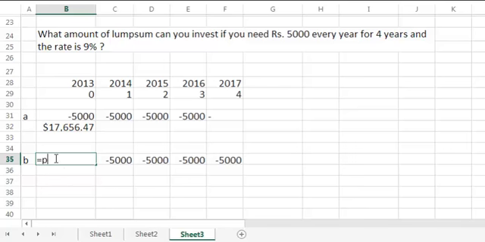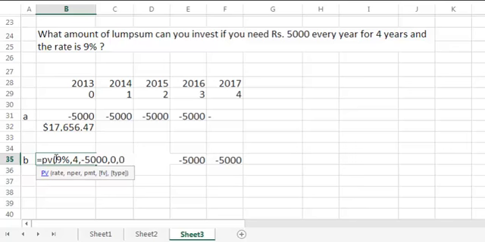Now let's calculate PV. Rate would be 9%, the same rate. NPER would be 4. PMT would be minus 5,000. No FV, and type is going to be 0.